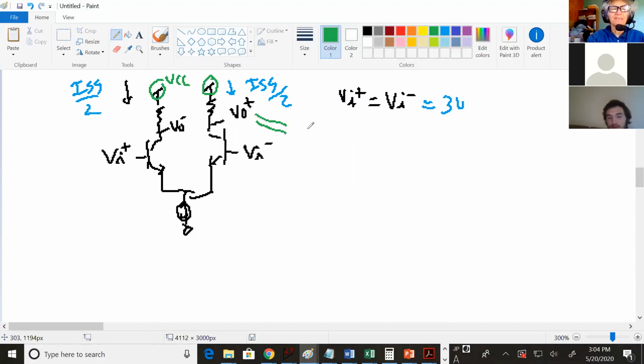We've got the current, and let's call these R. So just VCC minus R times ISS over 2. And remember, VI minus and VI plus don't change, so the current never changes. So the question is, how much does V out move when VCC changes?